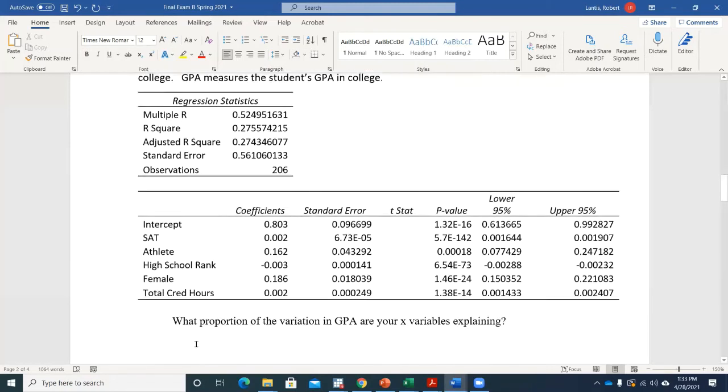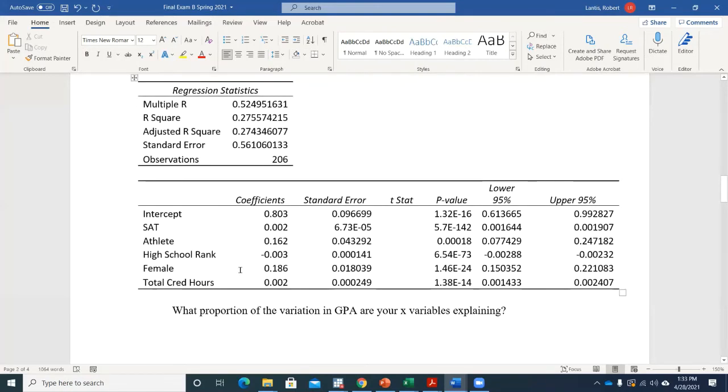If that's the question that I ask you, what statistic should you be looking at? That's literally the definition of our R squared. The R squared tells us the proportion of the variation in the Y variable that our X variables explain. So here, the proportion is 0.27, or we're explaining approximately 27% of the variation in GPA with these 5 variables. Okay?